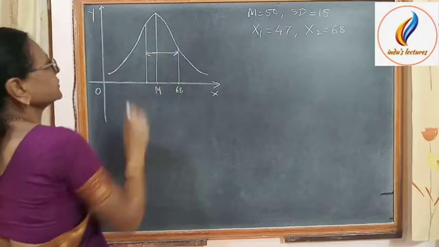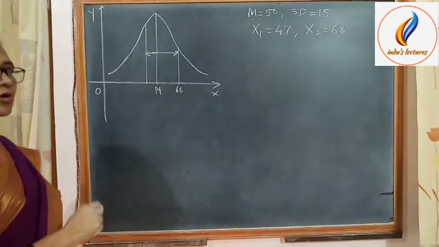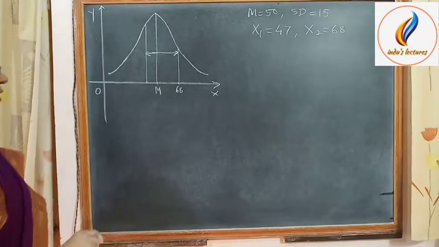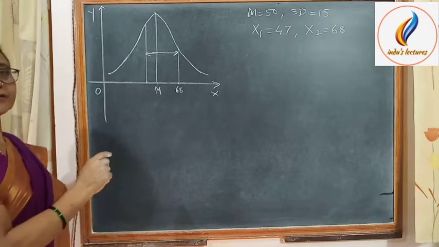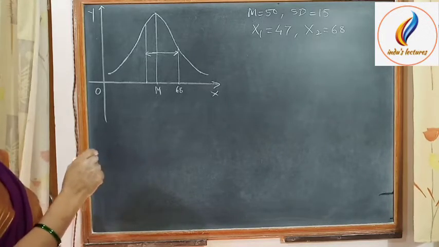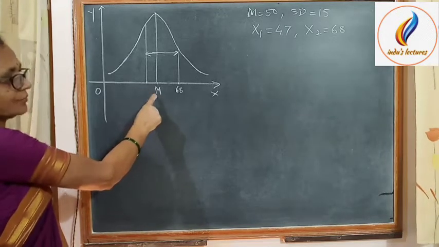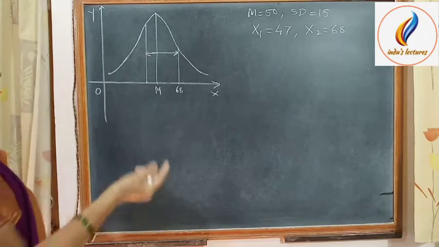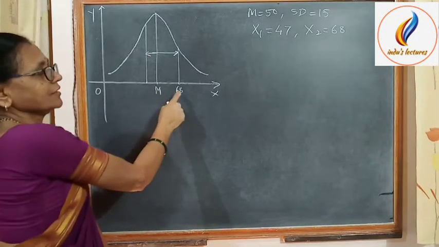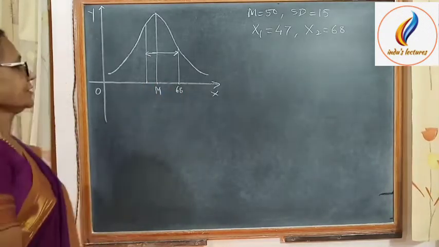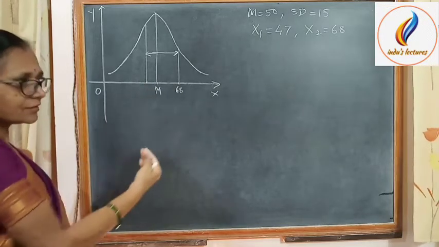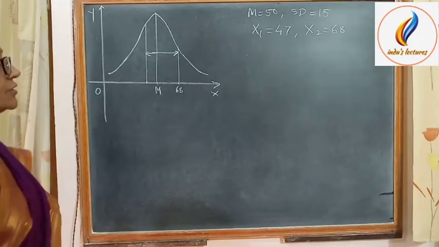We have to find this area. But from the normal probability curve table, we find the area under the curve between the limits 47 to mean and another area between the mean and the score 68. But we have to firstly convert these raw scores into sigma scores.